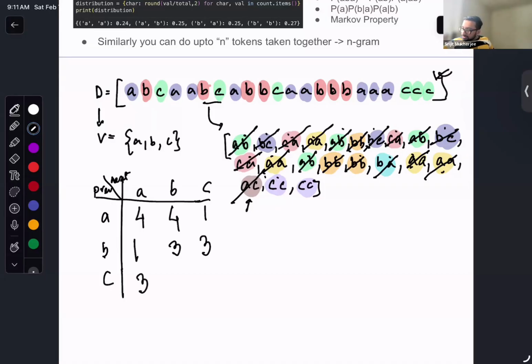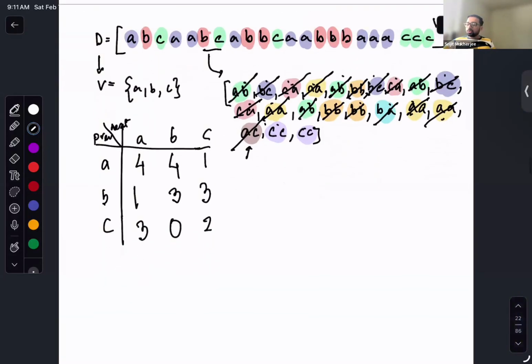CB. There is no CB. Very good. CC is 2. So let's now check if all of it's correct. One way to check is sum it up. So 8, 9, 10, 13, 16, 19, 21. Yes. So ideally it should be 21. So it's 21.